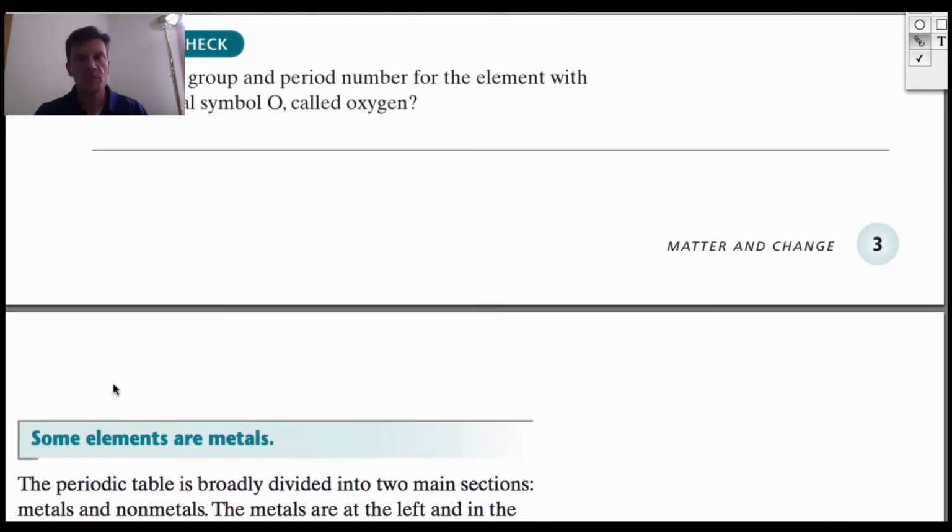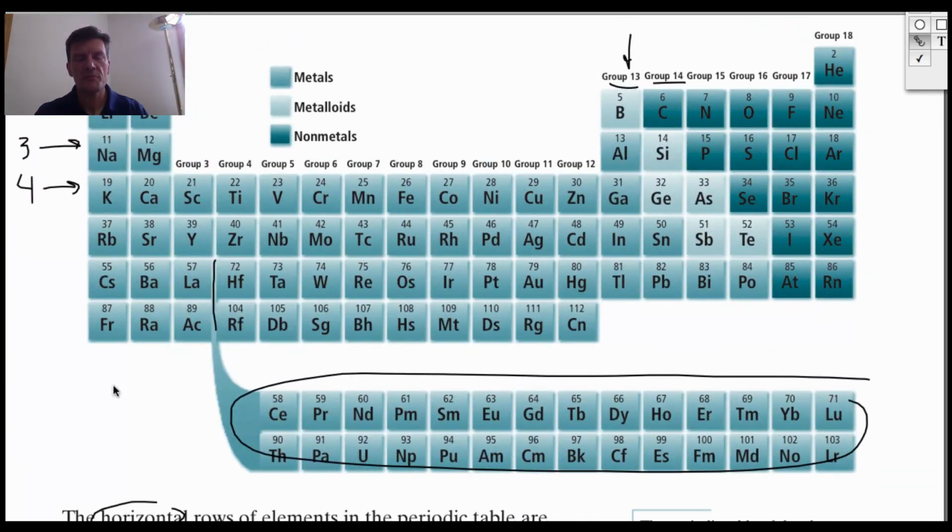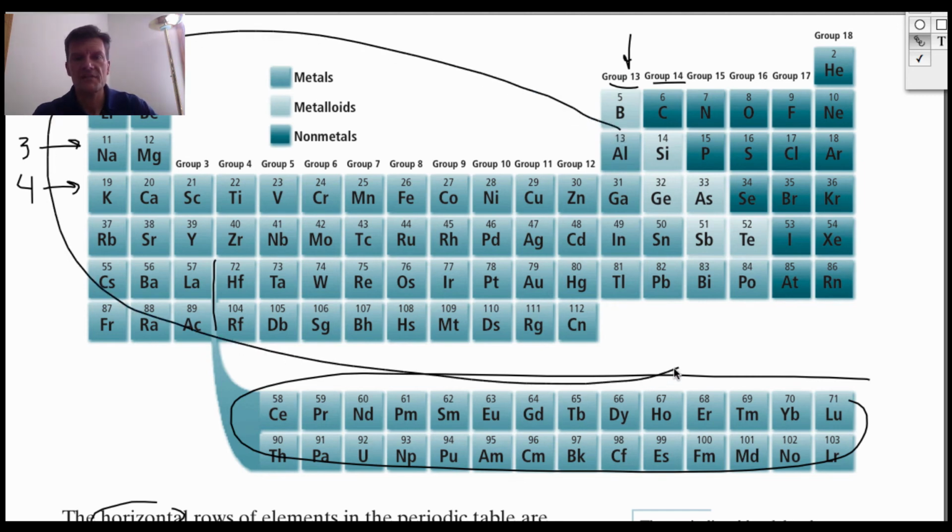On the periodic table, because these are grouped by their properties, you'll notice that if everything in a column has similar properties, then those that are pretty close to each other probably behave in a similar manner. And it ends up that everything over here on the left side, these are all metals.